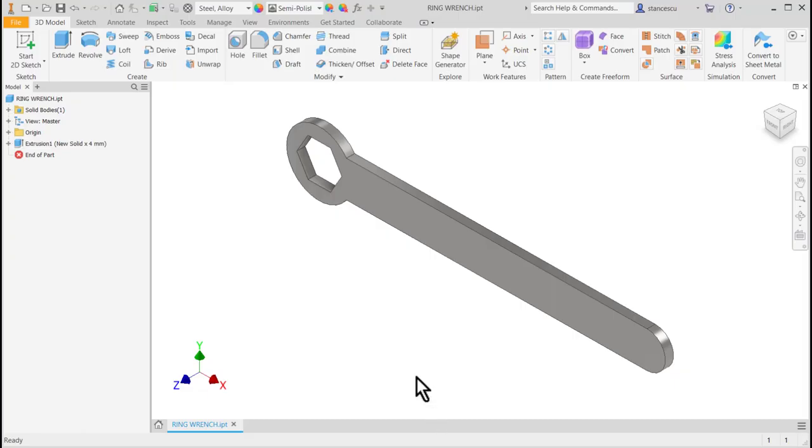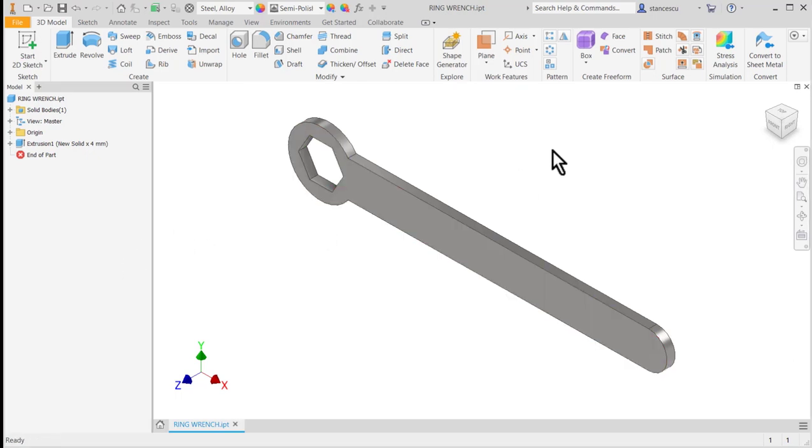We study this part, which is a ring wrench, and you remember that we made a number of iterations in order to find out the best solution for the wrench resistance when we apply a moment to the right end of it.